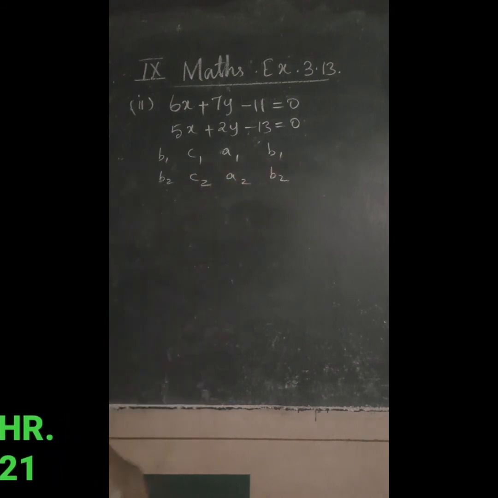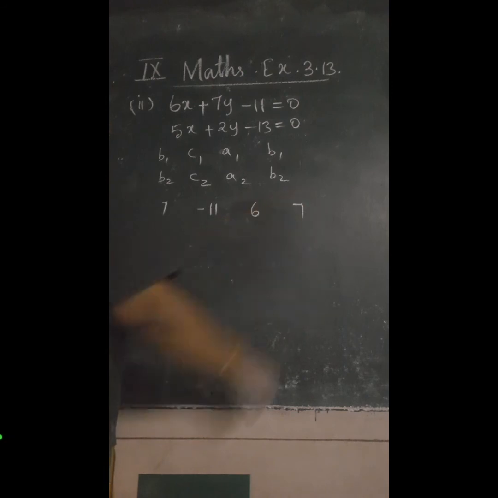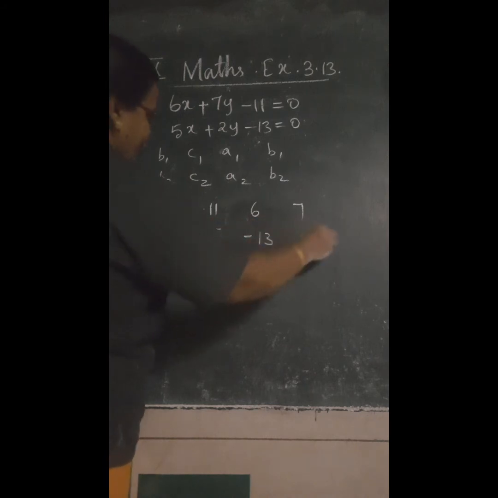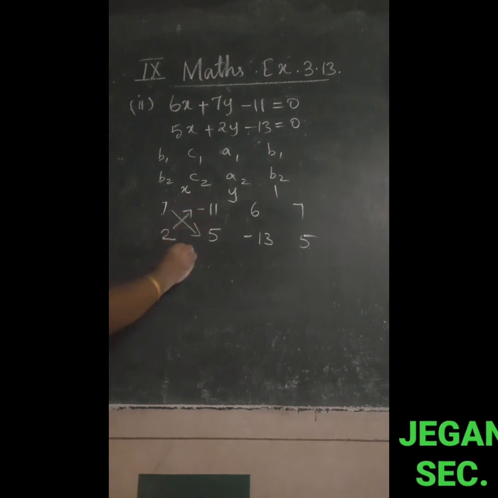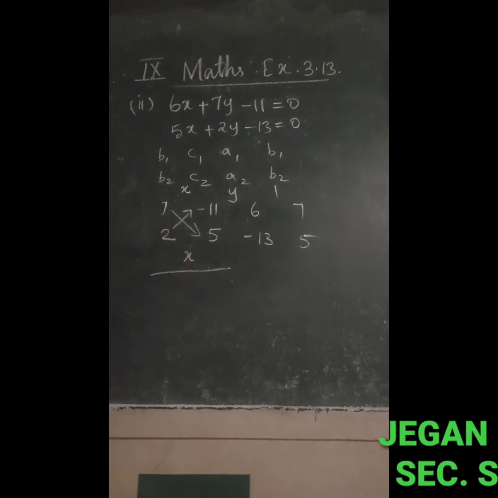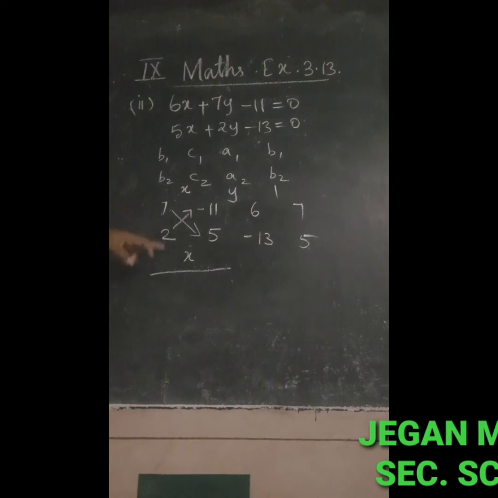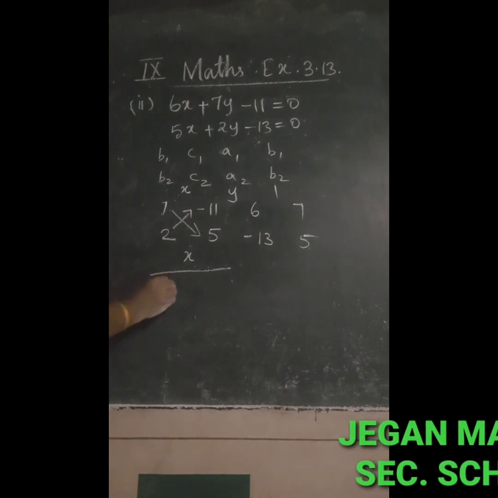Now the first one is 7, minus 11, 6, again 7. And then the next one we have to take is 2, minus 13, 5, 2. So let us consider this is for x, this one is for y, and this is the constant. Cross multiply: x divided by 7 5s are 35.